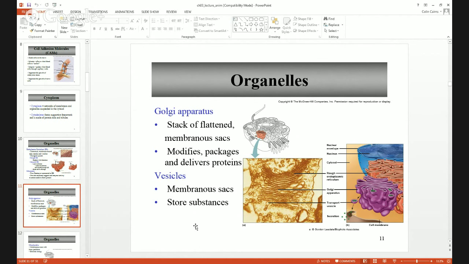The vesicles are pinched off from the actual membrane of the Golgi, and then the contents of the vesicle can be transported without any losing of the contents. And eventually, as we see in this one slide on the right, they can be secreted outside of the cell.